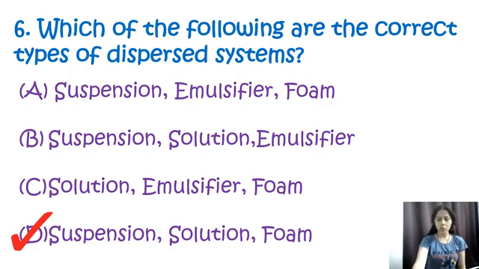Whereas solution means one substance, that is the solute, which is completely dissolved in another substance, that is the solvent, at a molecular level. And foam is a dispersed system where gas bubbles are dispersed in a liquid or a solid medium. So my correct option will be D, that is suspension, solution and foam. These are the types of dispersed systems.